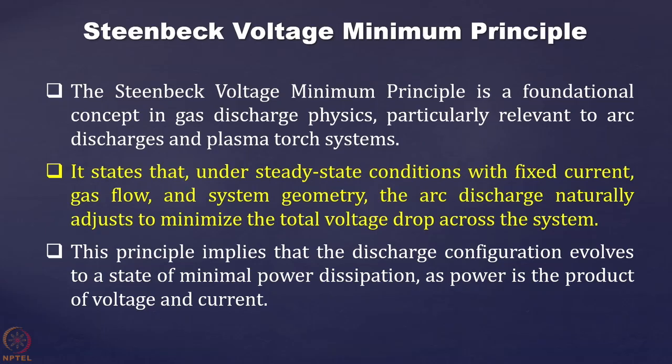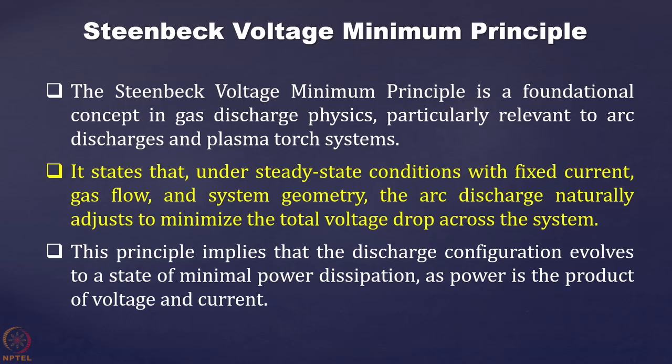Then another thing which is very important in these arc plasma devices is called the Steenbeck voltage minimum principle. I thought that I should tell you about that because of what it says.